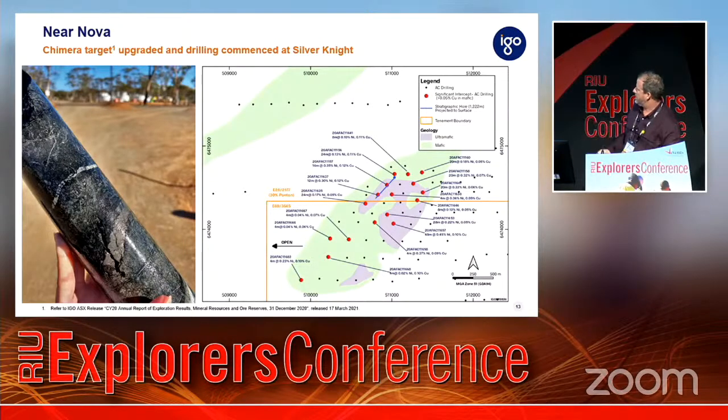This blue line here was the first hole into this particular intrusion. Here's a sample of the rock here. We've hit websterite. It's got blebby sulfides and disseminated sulfides throughout. Really exciting results. Subsequently, we've drilled a couple more holes, with the last hole intersecting an off-hole downhole EM plate, which is still yet to be tested. So watch this space, and hopefully we'll have some success.